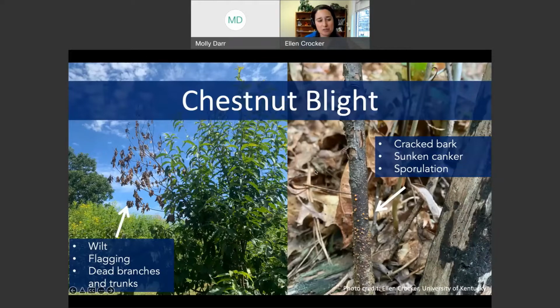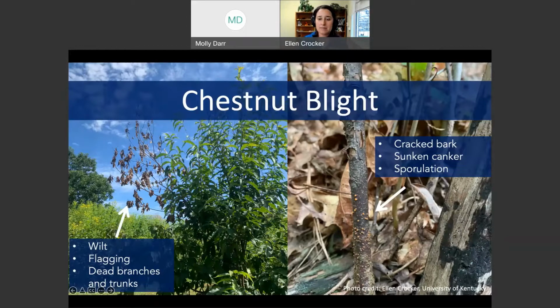Some small trees, maybe more like shrubs really, that are growing either planted in a field like this one, or in a forest understory. And the first symptoms you might notice are the wilt symptoms, the yellowing of branches, flagging, dead branches, and eventual death of that shoot, that trunk.